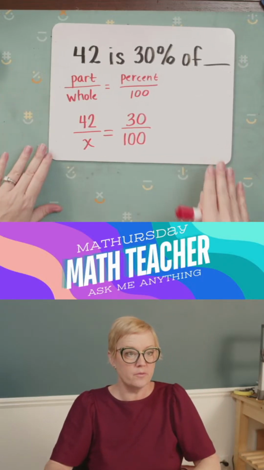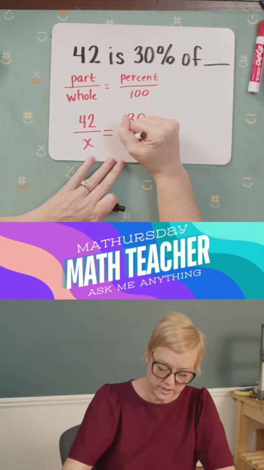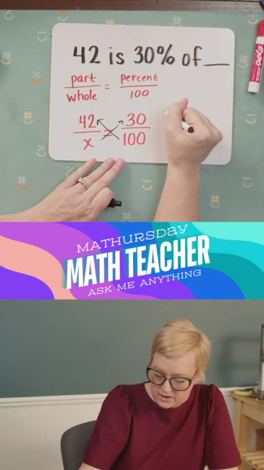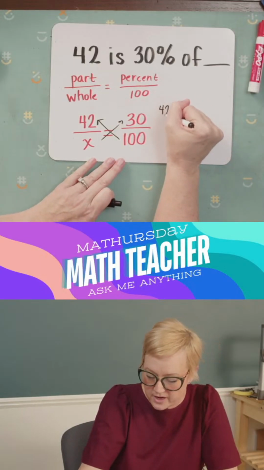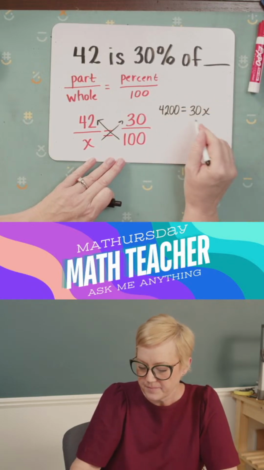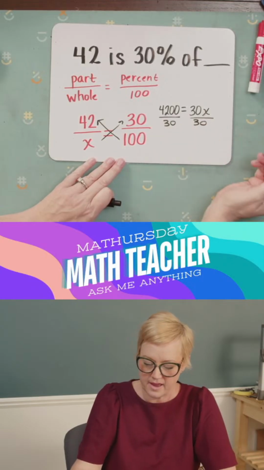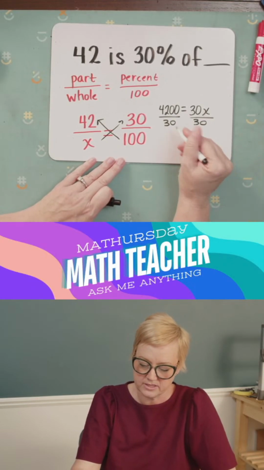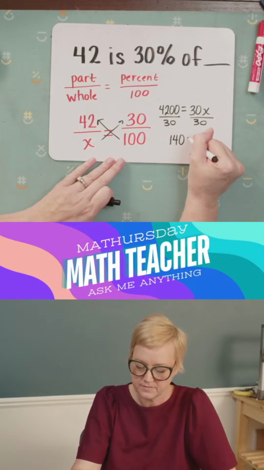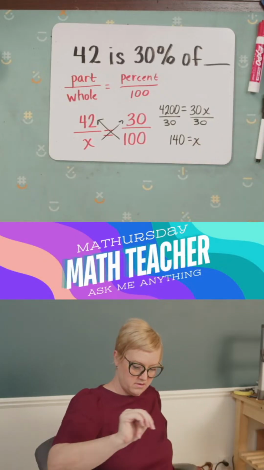So now what we do with a proportion is we're going to cross multiply. So we do 42 times 100 equals X times 30. So we have 4,200 equals 30X. We divide by 30, divide by 30. And what do we get? We get 140 is our X value. Okay.